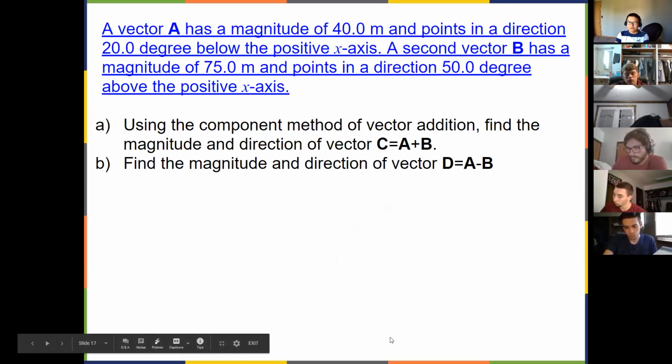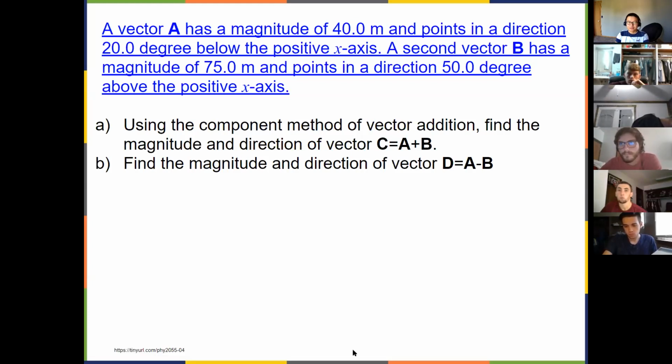So I'm going to stop sharing the screen for right now, but you guys can pull up the PowerPoint slide on your end. It's the tiny URL at the bottom here, tinyurl.com/PHY2055-04. If you haven't pulled up the PowerPoint slide, you can do it now, because I'm going to stop sharing the screen.